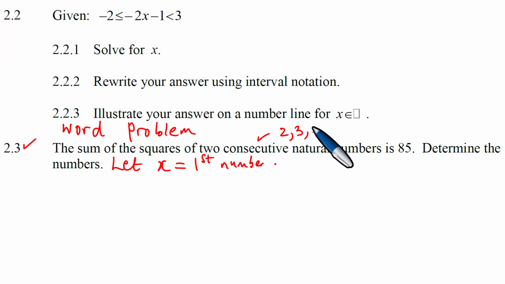If it's 3, the other one is going to be 4. Then 3 and 4 are consecutive. And then if it is 4, it's going to be 5. And then 4 and 5 are consecutive. So now if the first number is x, then the next number is going to be just x plus 1. So x plus 1 becomes the second number.